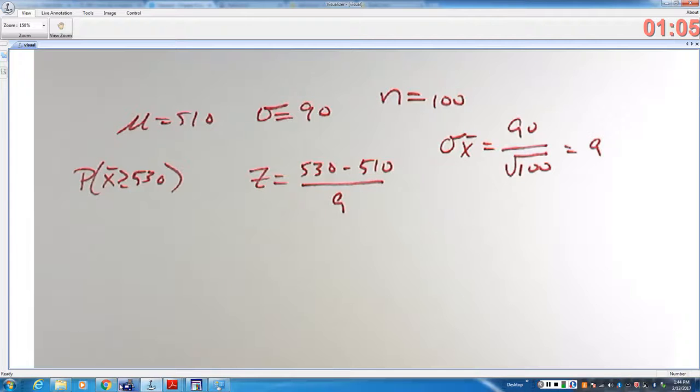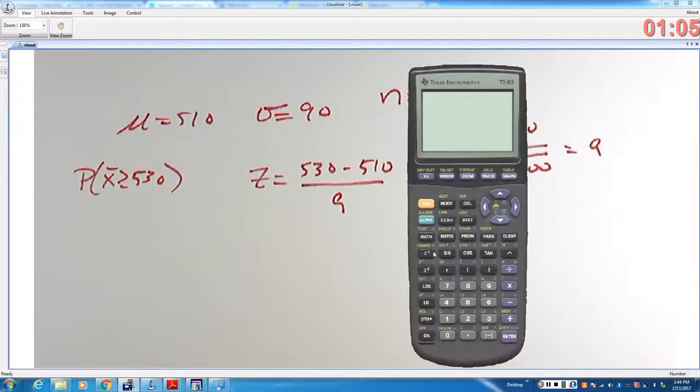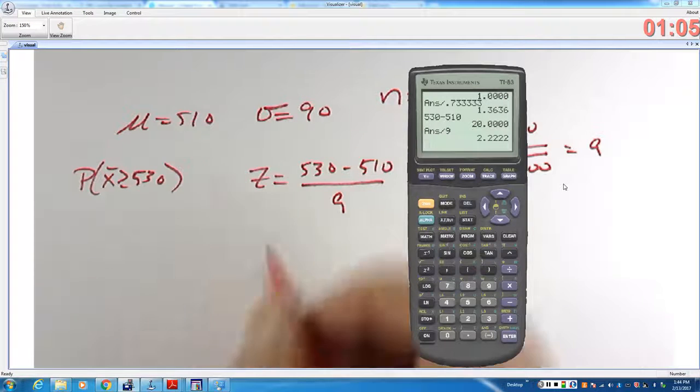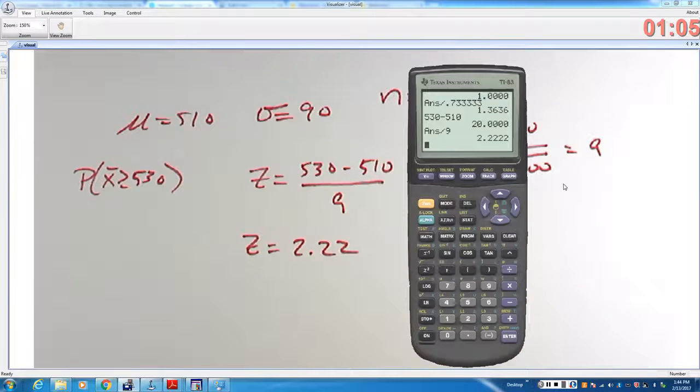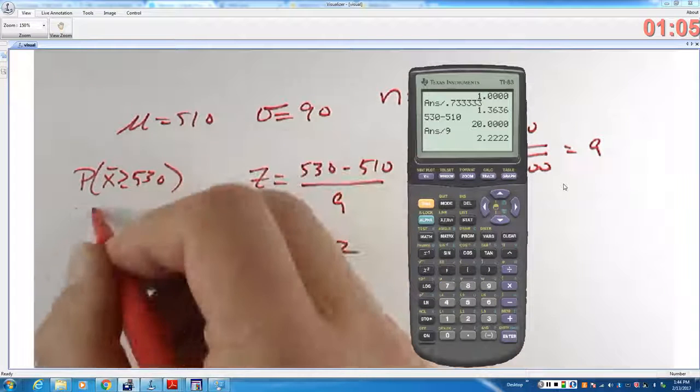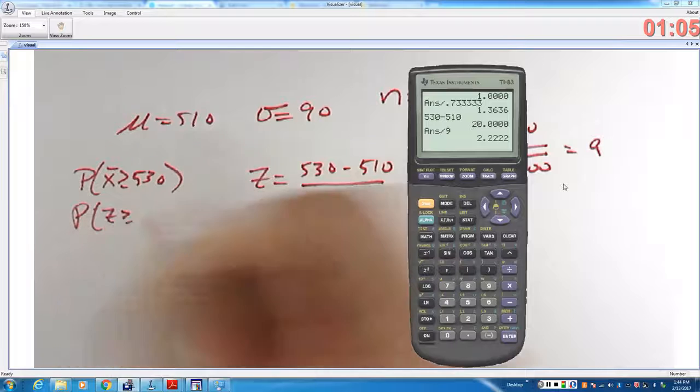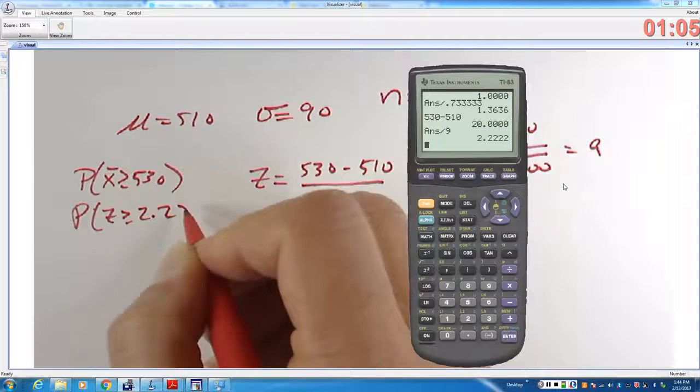So we have 530 minus 510 divided by 9, and we get 2.2 repeating. So our z-score is 2.2 repeated. Now my probability changes to z is greater than 2.2 repeating.